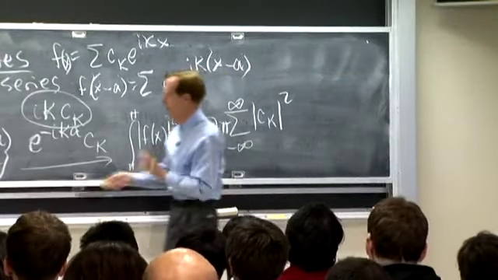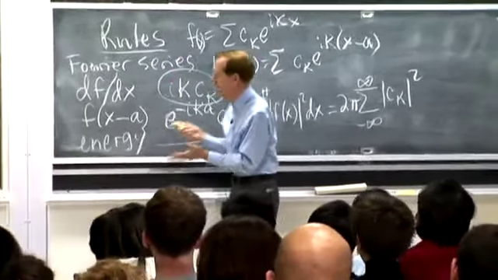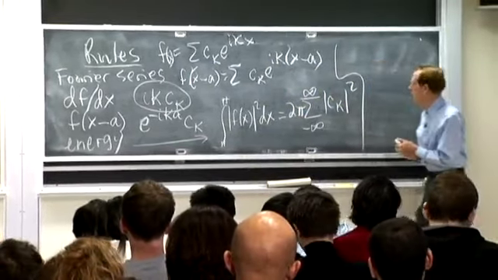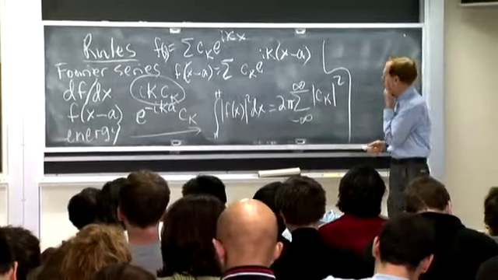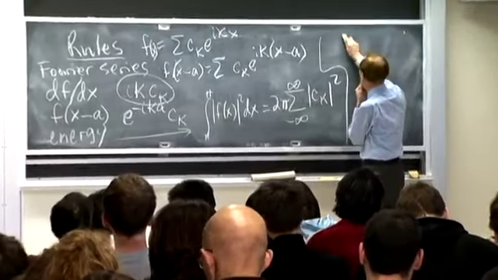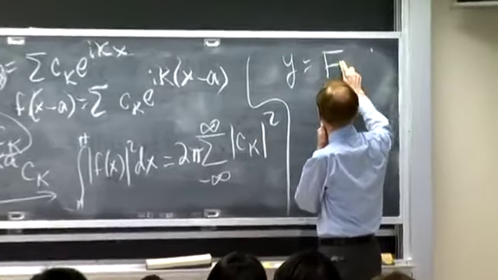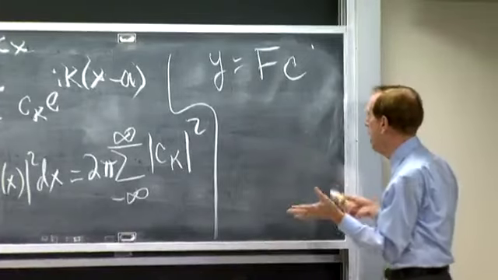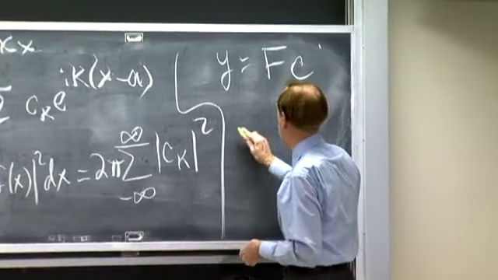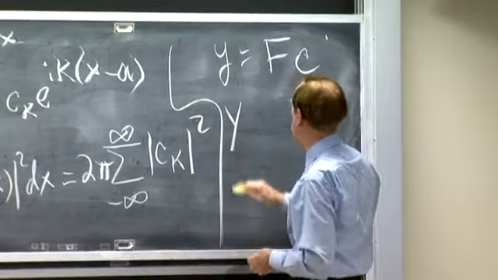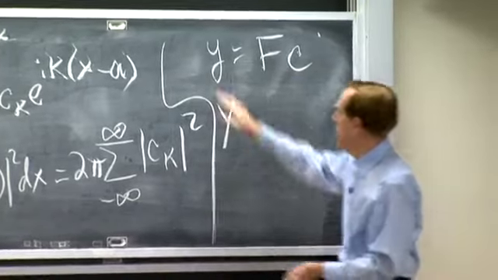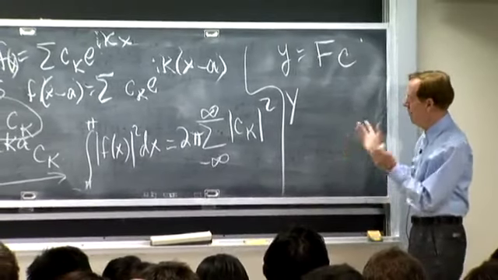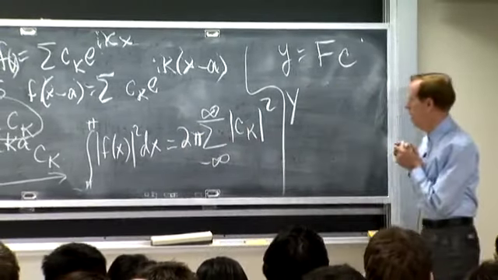And now what I was going to say is you shouldn't miss the fact that in the discrete case, there will be a similar energy equality. So we had y was the Fourier matrix times c. Now, if I take the length squared of y, I'm going to do the same as this.